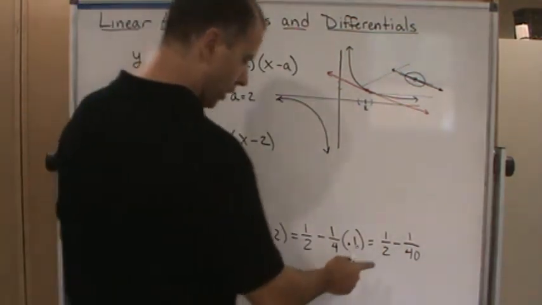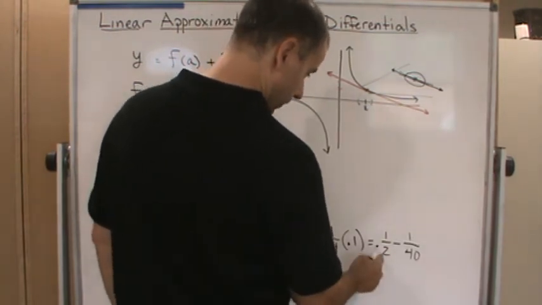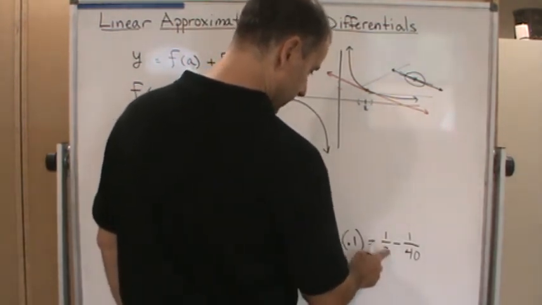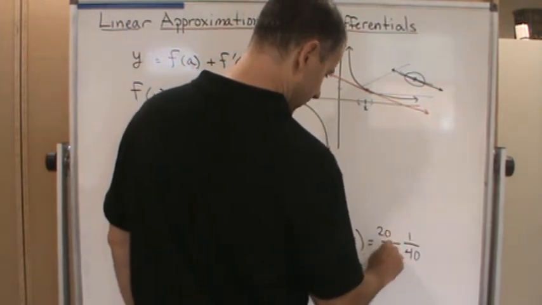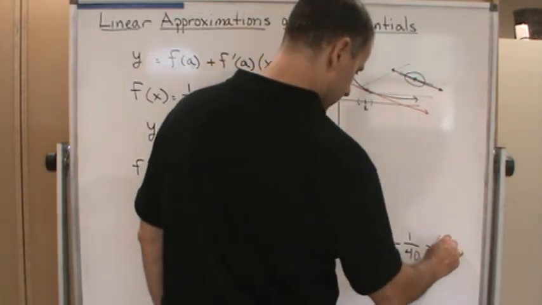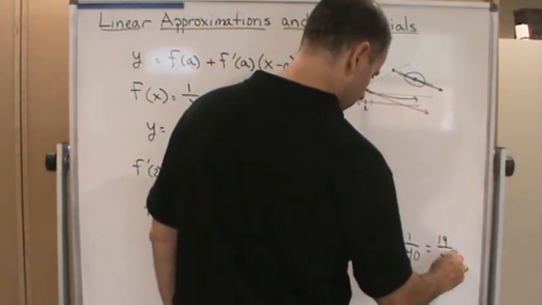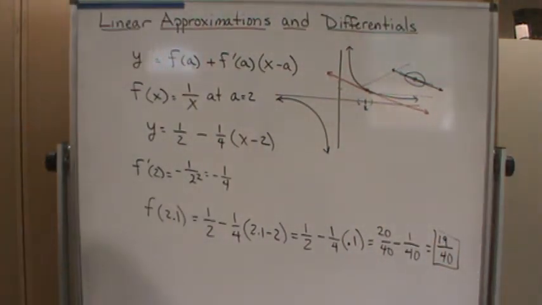And of course, we could change this to 40ths, so that would be the same as 20/40ths, which would then give us 19/40ths as our approximation. So that would be the linear approximation.